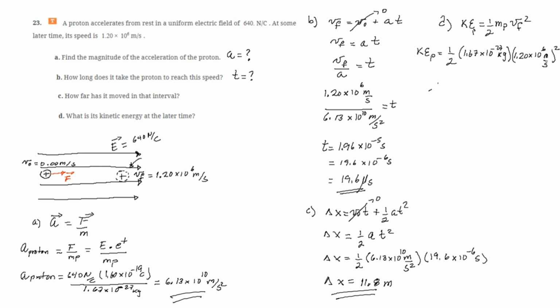So the kinetic energy of the proton, when you calculate that, is 1.20 times 10 to the negative 15 joules. So here we found the kinetic energy.